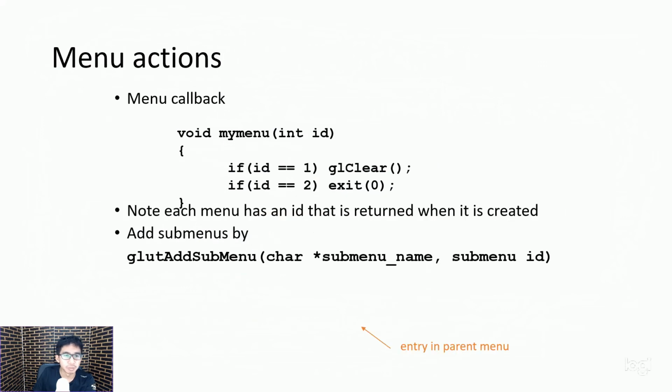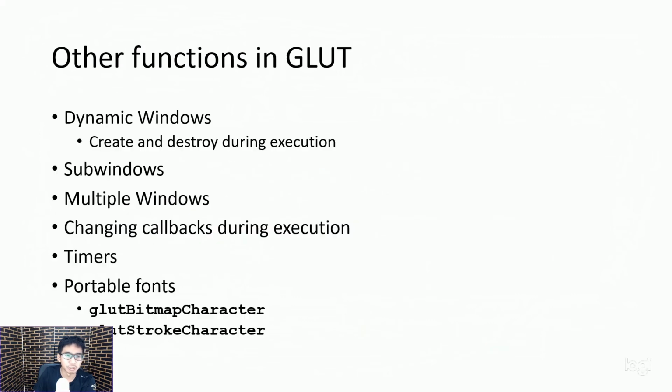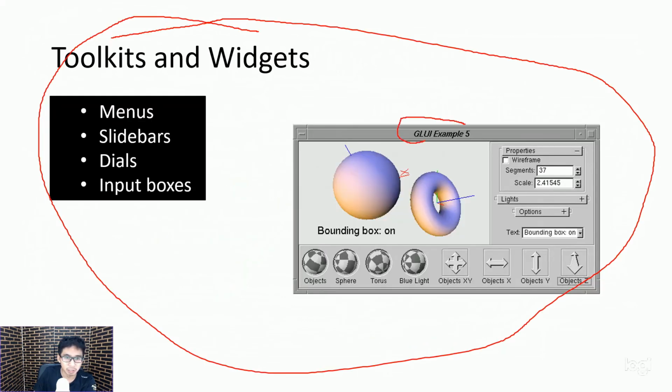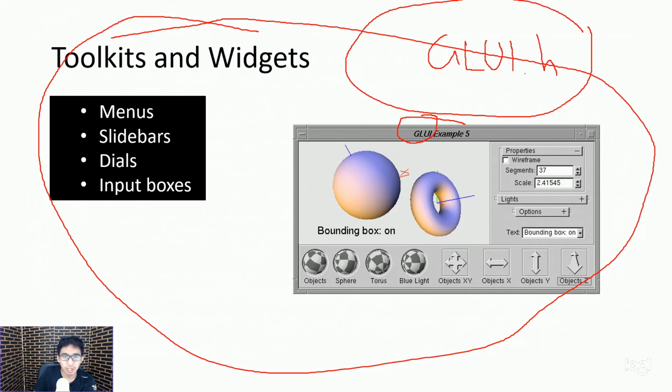Okay, this is the menu action for the callback, void main menu. For example, we have clear, this one is for the GLUI function also. We call it GLUI, so we include glui.h, and you need to find this library along with the DLL file.